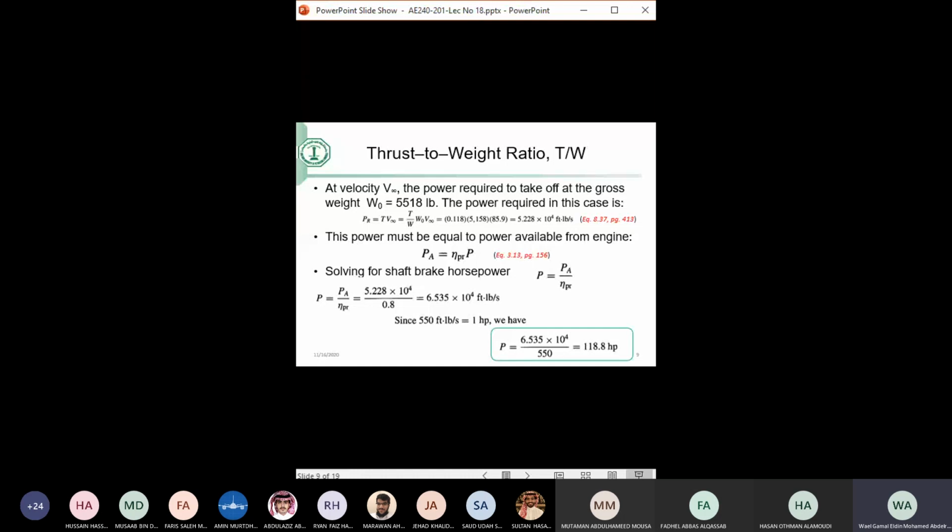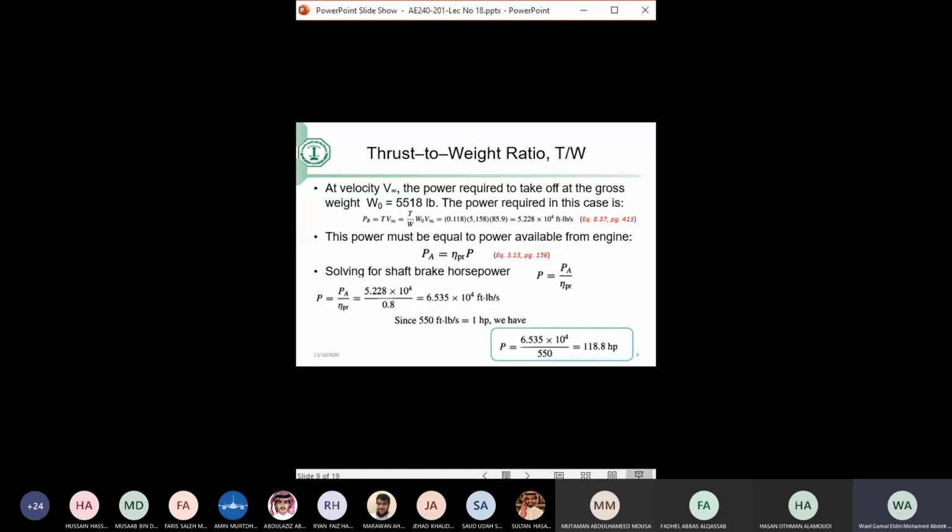But there are some losses in the power from the time it's generated in the engine, rotate a shaft, rotate a propeller, deliver to the air. So there are losses. So I will probably need a slightly bigger engine, an engine that has a propeller with a certain propeller efficiency. And this is one number that we will typically assume.